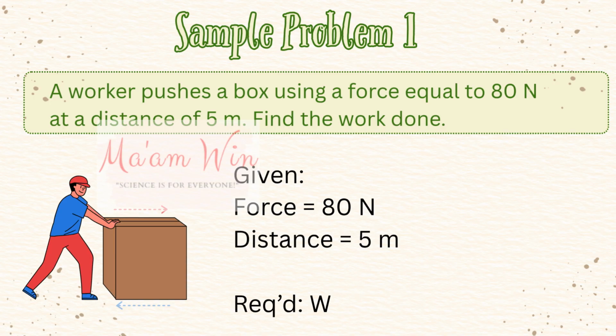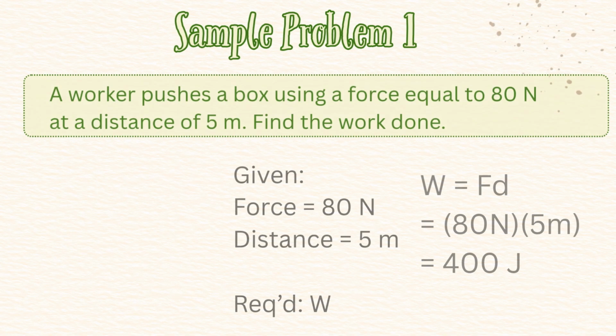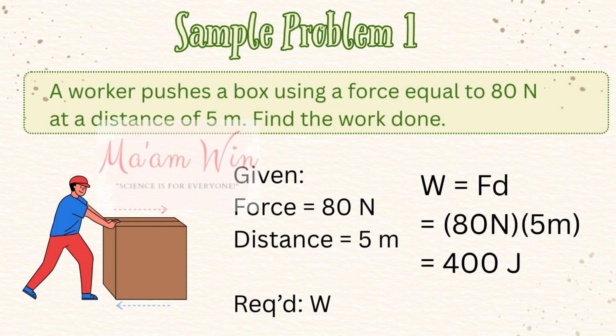Because cosine 0 equals 1, the equation becomes very simple. Work is equal to force times distance. Substituting the values, W = 80 N × 5 m. You will get W = 400 joules.